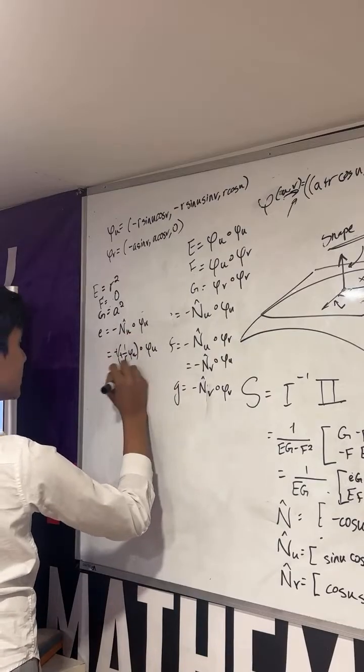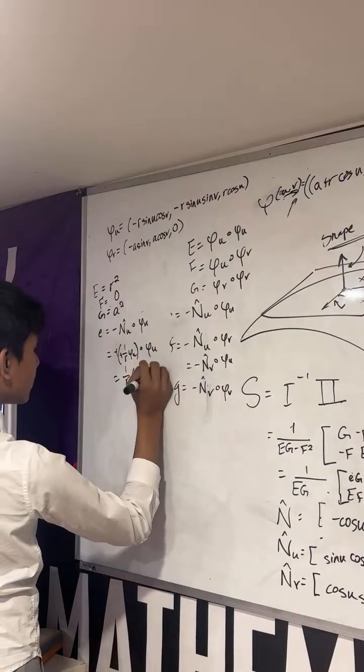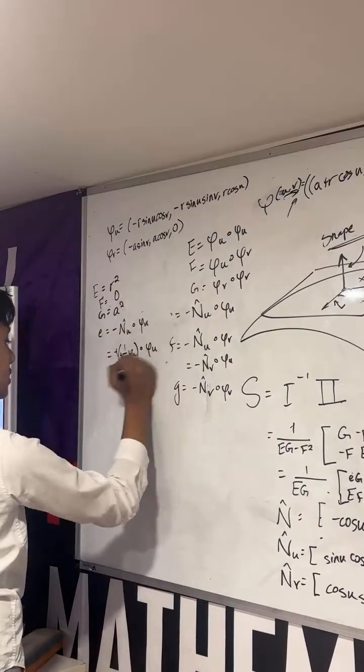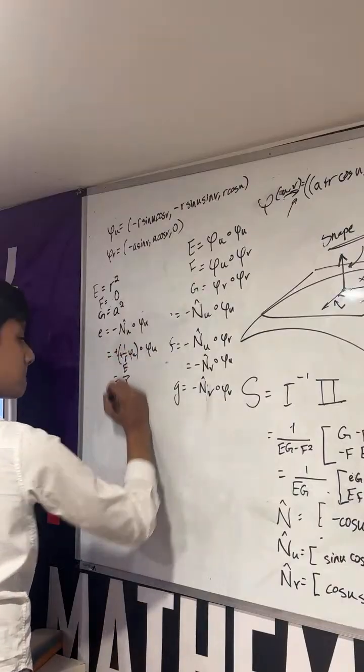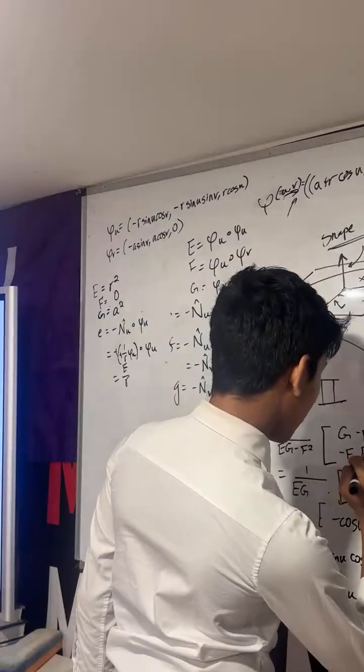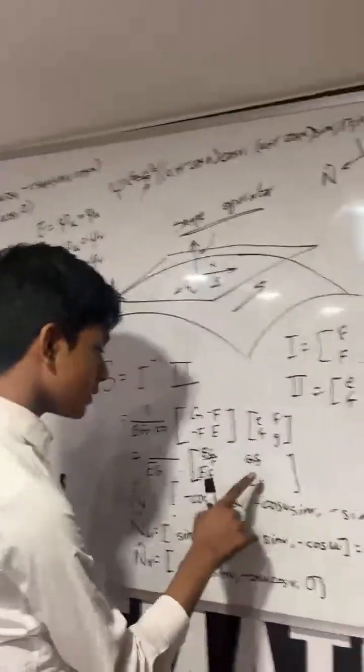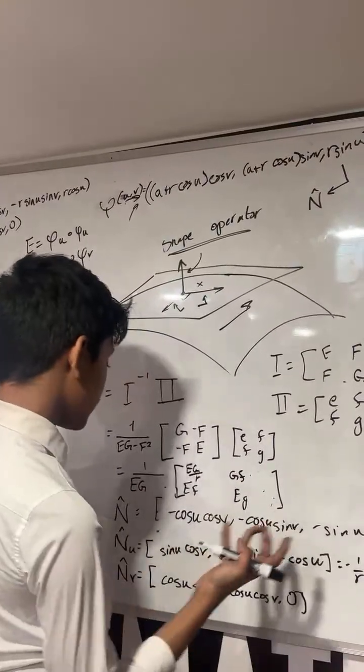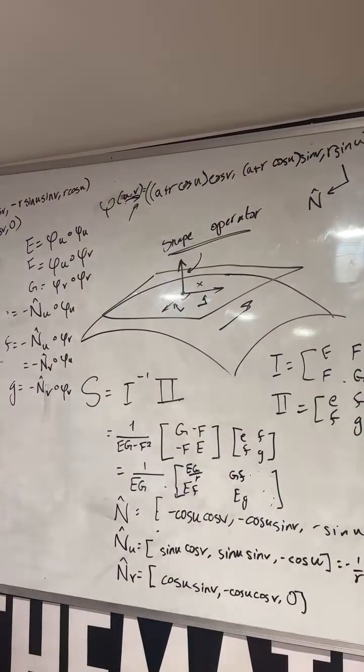These cancel out. This ends up being 1 over r this dot this, which becomes e over r. Okay, so this is e over r, and I don't think E comes into use anywhere else. Great. So, this is E over R.